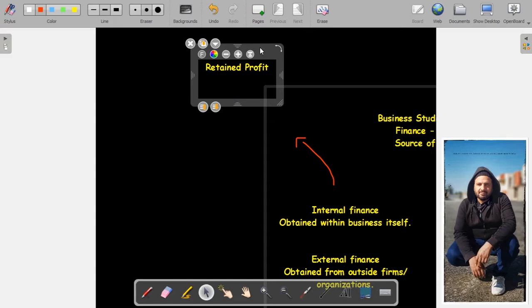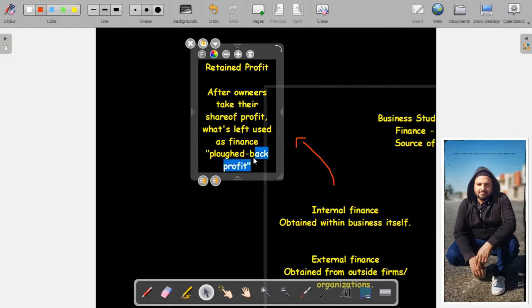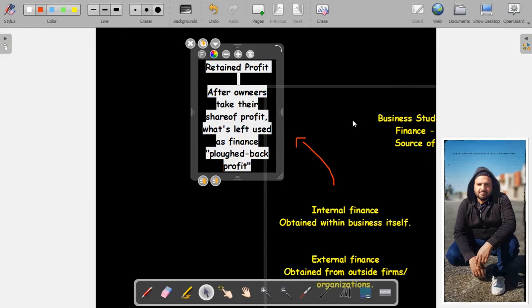So just to highlight what we talked about: after owners take their share of profit, what is left is used as finance. And sometimes, as I said, it's called plough back profit.